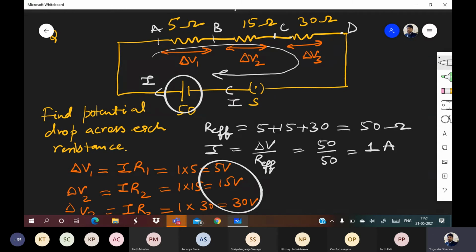But when you are going from E to F, potential is increasing by 50, because the battery will increase the potential. So for this entire loop, due to the battery it is plus 50, and across resistances it is minus 50.